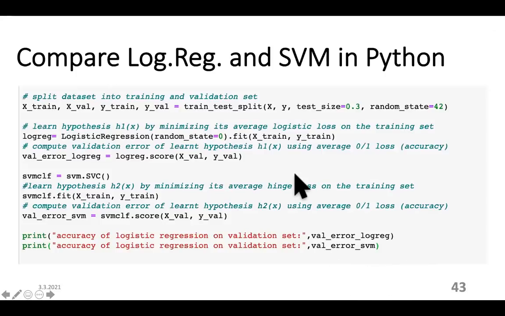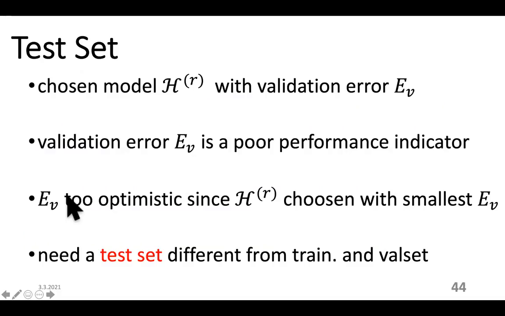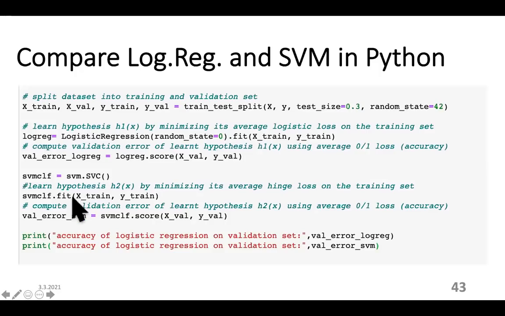Yeah, and here I've shown a little code snippet where I train logistic regression and SVM. So here I define the object logistic regression, and the function .fit trains or searches for the best hypothesis with the smallest logistic loss. And I do the same with the support vector machine. So this .fit function here searches for the hypothesis with the smallest average hinge loss.